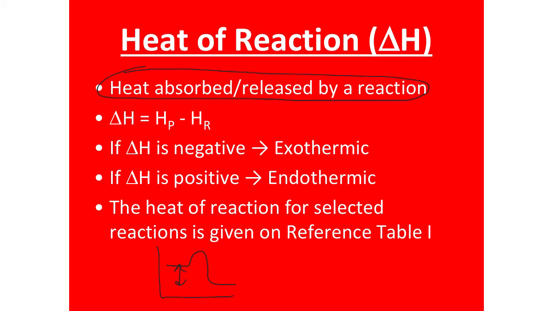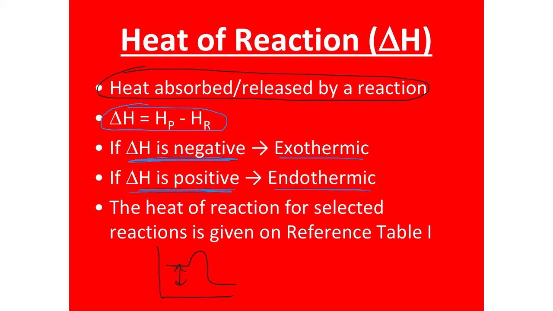If we are to actually calculate the delta H, it's the heat of the products minus the heat of the reactants. Or I just take the difference between the two. And then I remember that if my reaction is exothermic, my delta H is negative. If my reaction is endothermic, I am gaining energy. So then the delta H is positive.